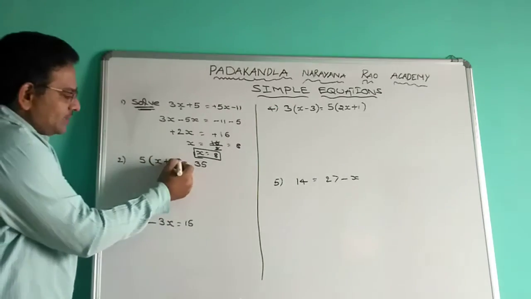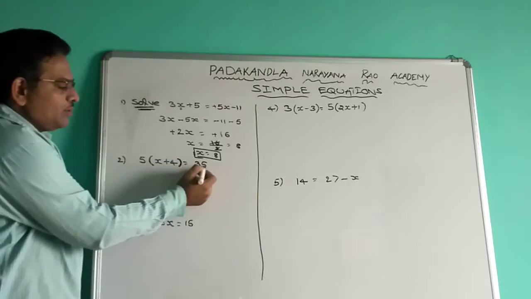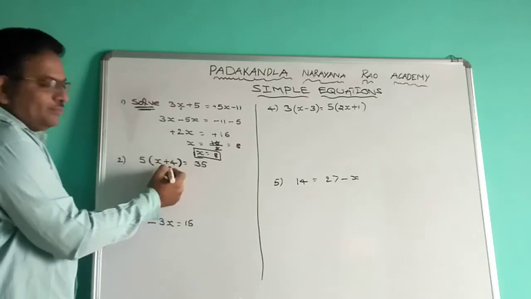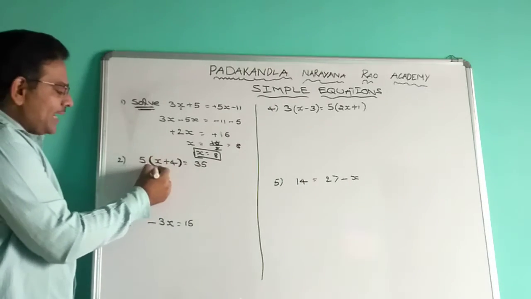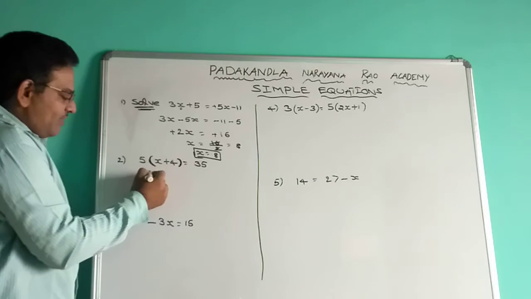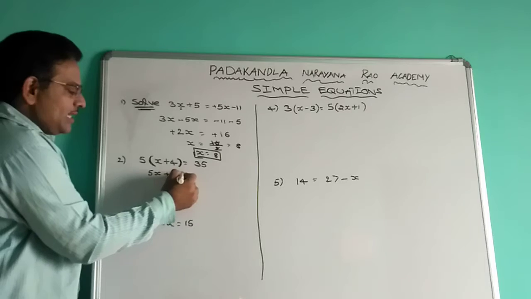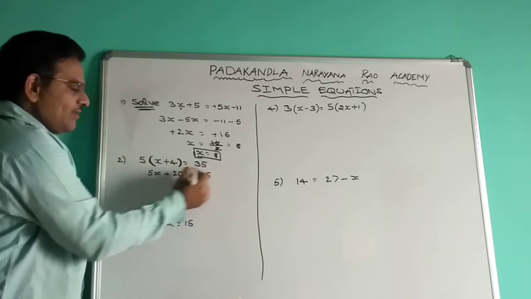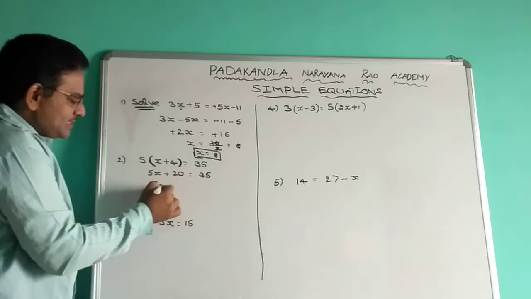Here is a bracket: 5(x + 4) = 35. How to solve? It means 5 times (x + 4). Remove the bracket: 5 into x is 5x, plus 5 into 4 is 20, equal to 35. Here there is only one variable, 5x.